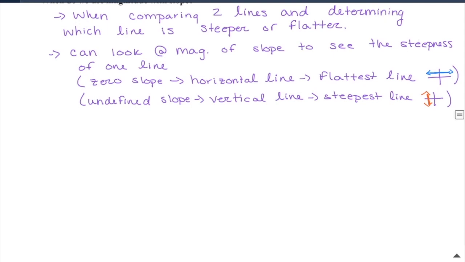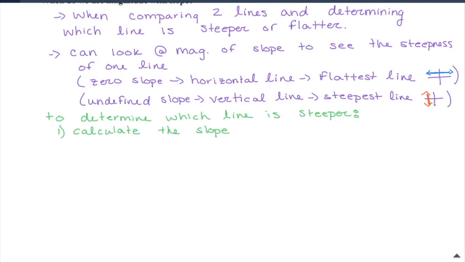So how do we actually determine which line is steeper and which line is flatter? To determine which line is steeper, you can follow 3 steps. First step is to, of course, calculate the slope. Slope measures the steepness of a line. So if we want to figure out which one is steeper, we obviously need to look at slope. The second thing we need to do is find the slope of each line.